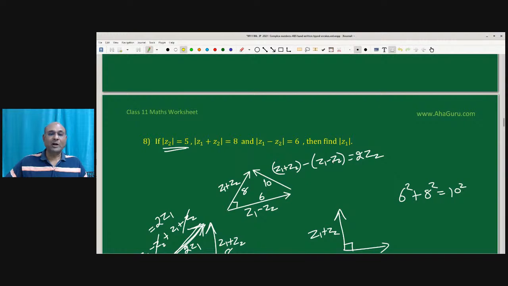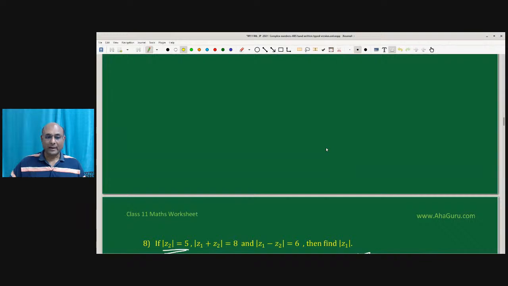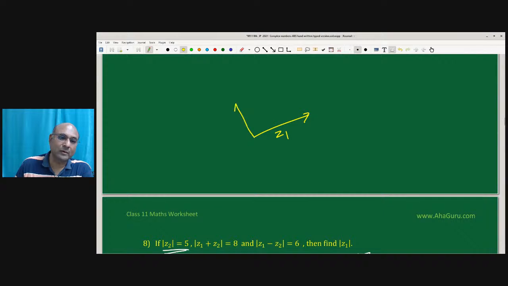So basically, if you've got Z1, Z2 vectors, think of it as vectors. So Z1, Z2, Z1 plus Z2. I could have also done this like this. I could have said, let this be Z1. I don't know what it is. Let this be Z2. I know that this Z2 is length 5. So if I put length 5 here, I don't know whether they're perpendicular.